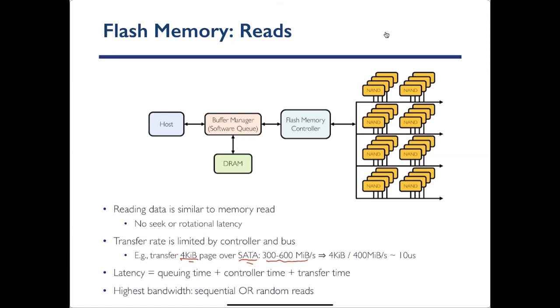Because we don't have any overhead in terms of rotation or seek time, all we have is data transfer. The moment you give me an address, I can read it for you. So you can calculate the time it takes to read a single page on a device with SATA. It's going to be about 10 microseconds.